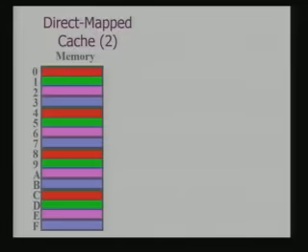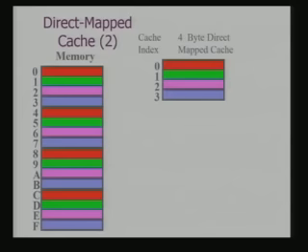So, let us say this is my memory, which has just got 16 locations, and you have got your cache which has just got 4 locations. In a direct mapped cache, there is a mapping which is already defined. So, in this case I have defined a mapping that 0 goes to 0, and the 4th location goes to 0.